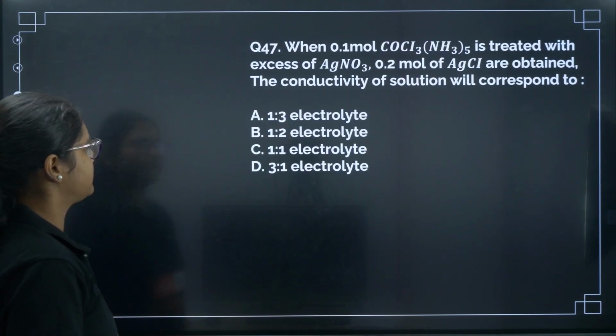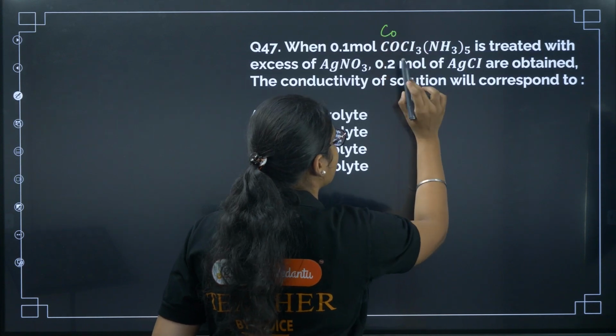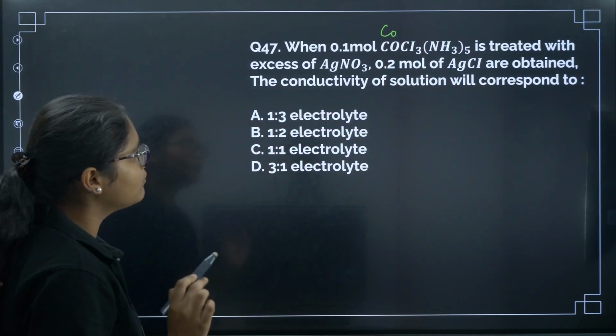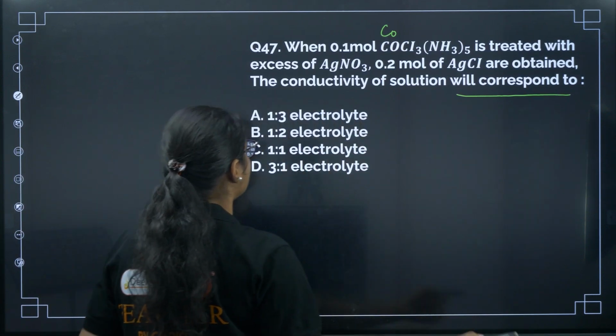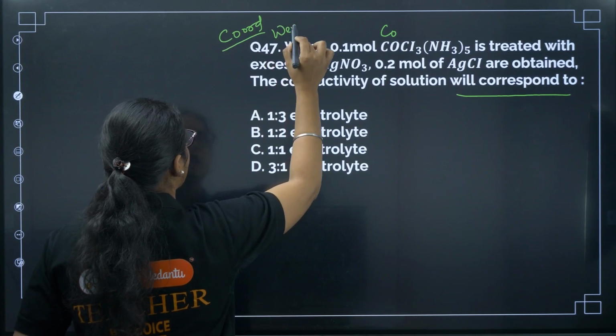Next, question number 47. When 0.1 mole of cobalt chloride NH3 complex is treated with excess of AgNO3, 0.2 mole of AgCl is obtained. The conductivity of the solution will correspond to. This is from your coordination chemistry, Werner's theory part.